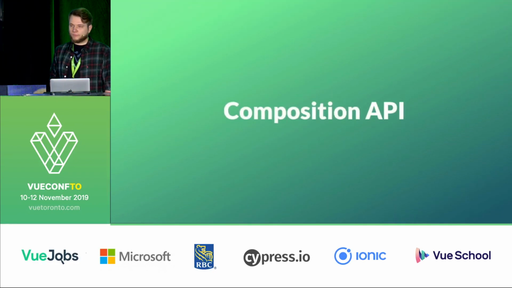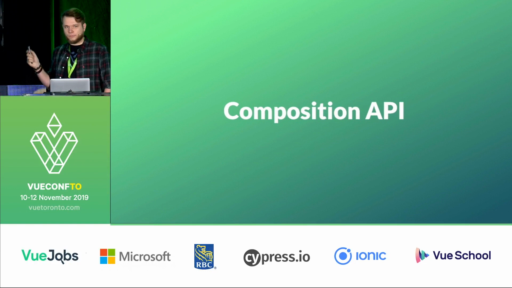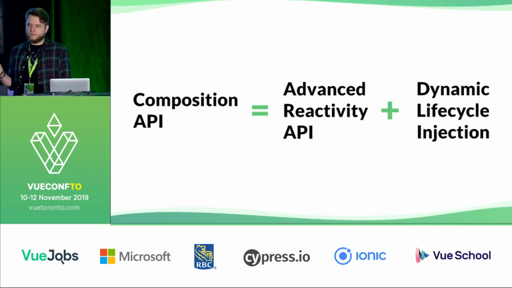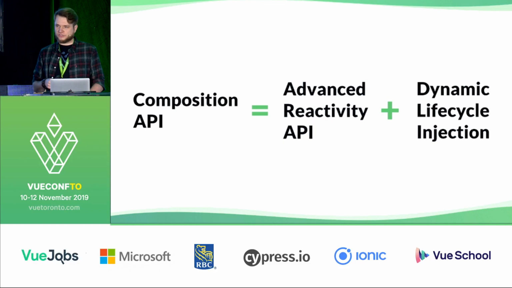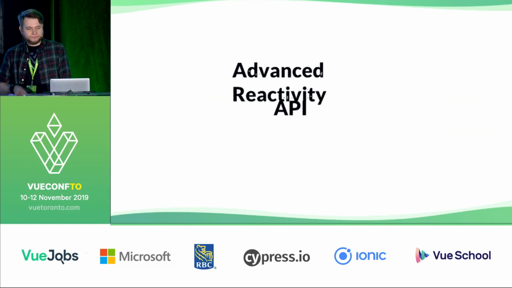So what's really exciting is the Composition API, and not just the Composition API as you might have already seen, but the things that make the Composition API possible, which is the Advanced Reactivity API and the Dynamic Lifecycle Hook injection.